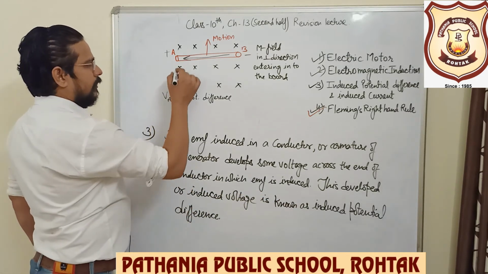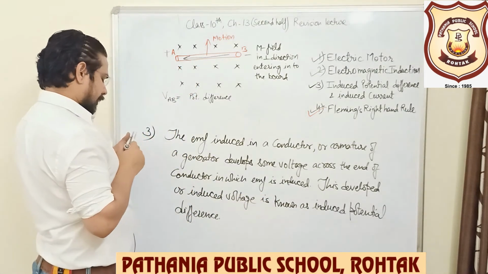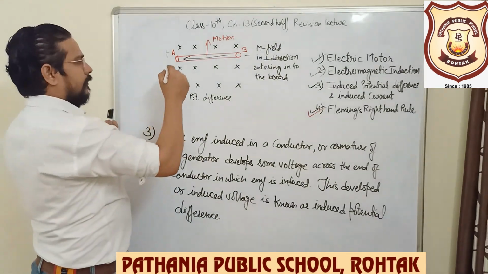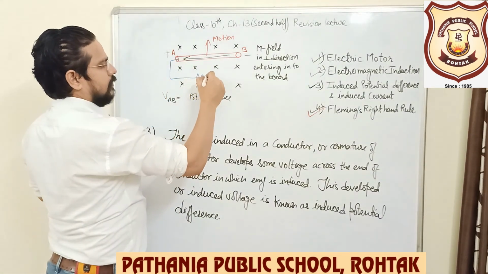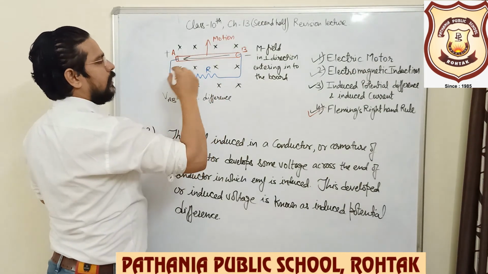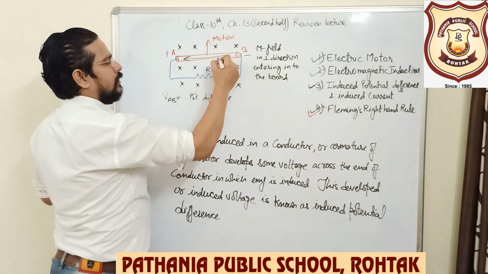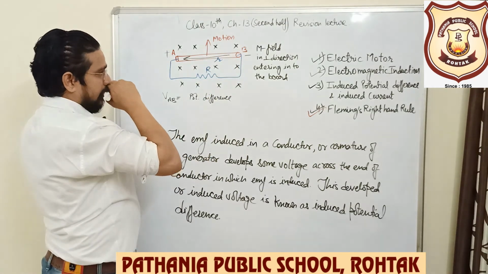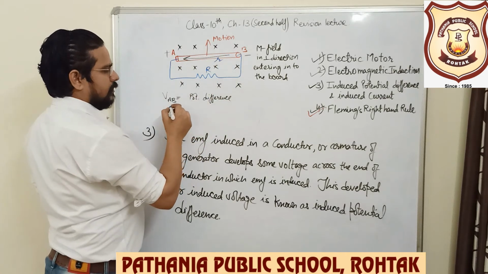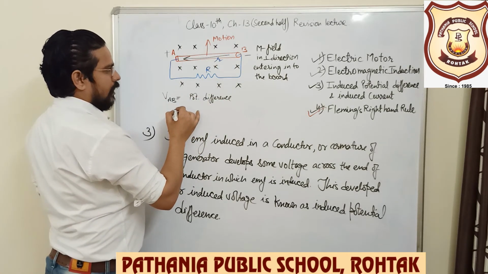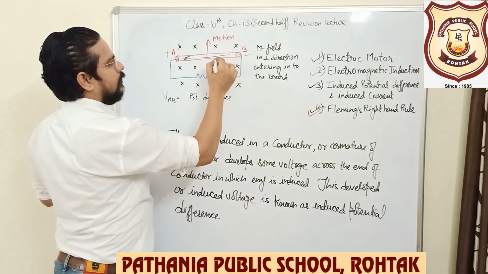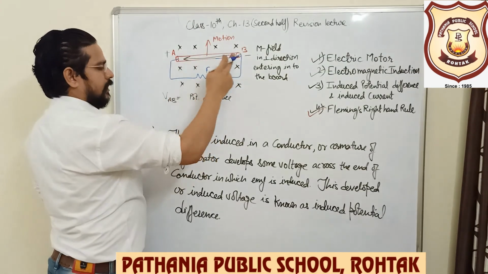Now if I will connect some external resistance R with this induced voltage, and let us say this conductor is having small r resistance, then these two resistances are in series. But let us not consider internal resistance of this because we already had taken VAB.